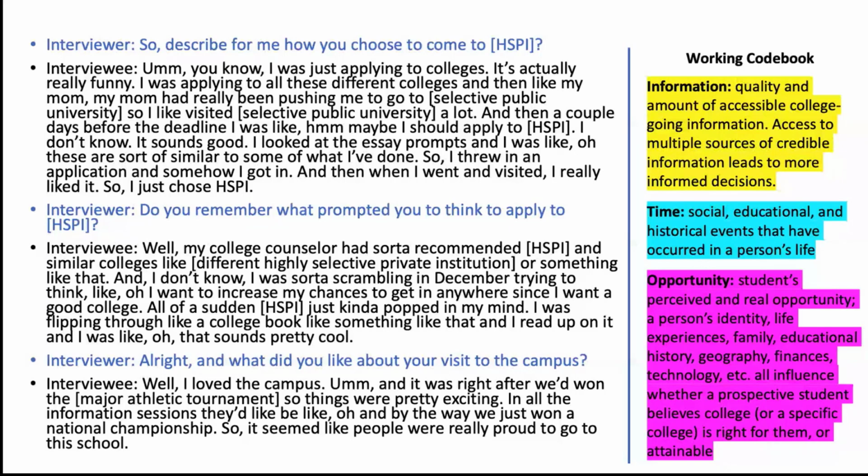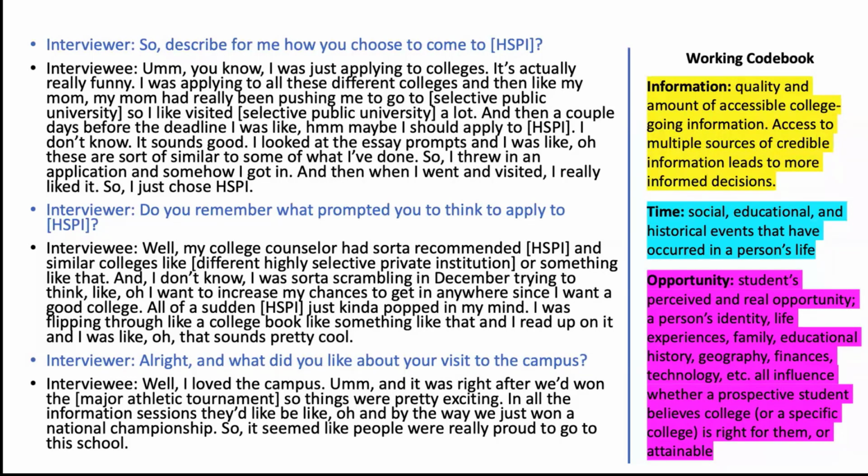I had put chances as related to time, in the sense that if you're kind of scrambling, or like the student said in December, that's a time related issue. Good. Even also with the essay, I'm thinking about time as well, because that's something that she already had. So I went back and forth on this, but I also had the sports tournament as time. I agree. This is a recent event that just happened.